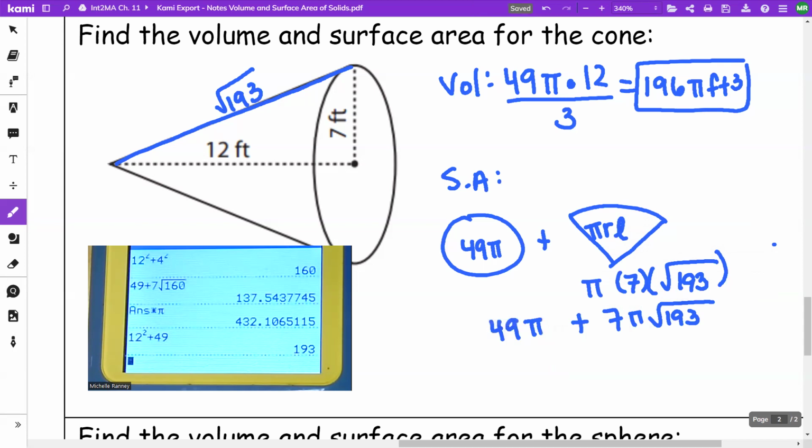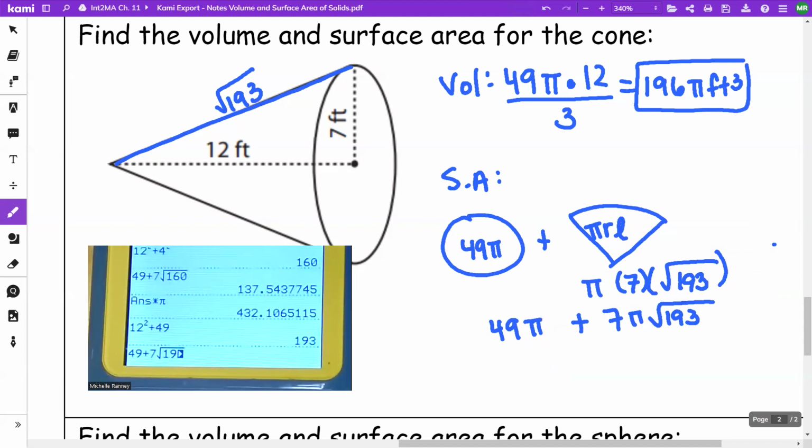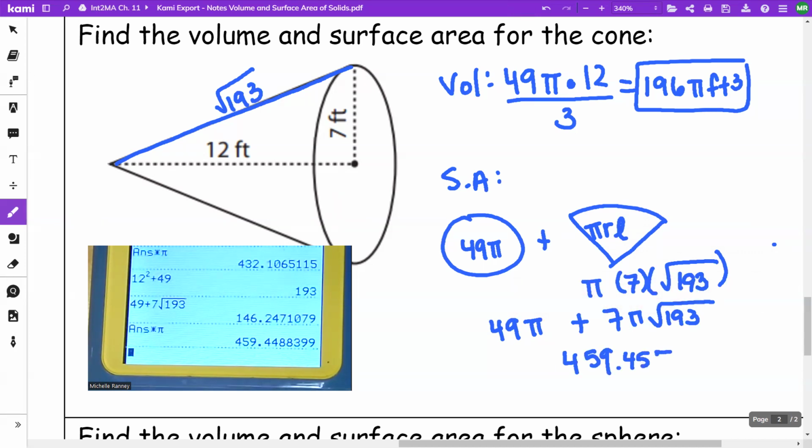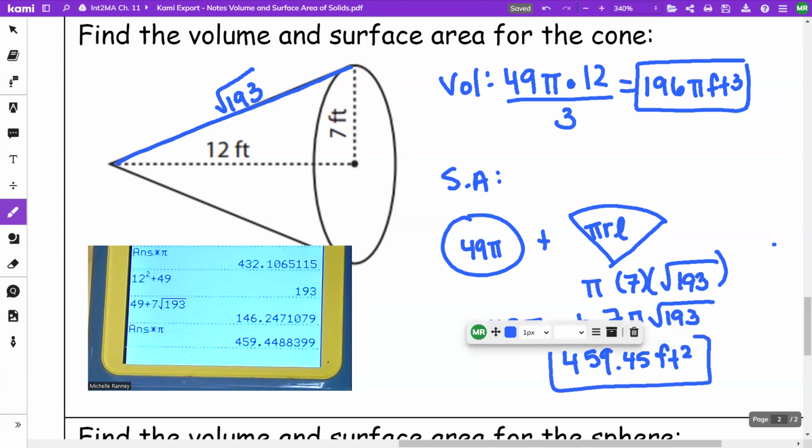Let me retry that. So 49 plus 7 times the square root of 193 times pi. So I'm going to get 459.45, not pi, because I already have my pi, feet squared. That's going to be my surface area.